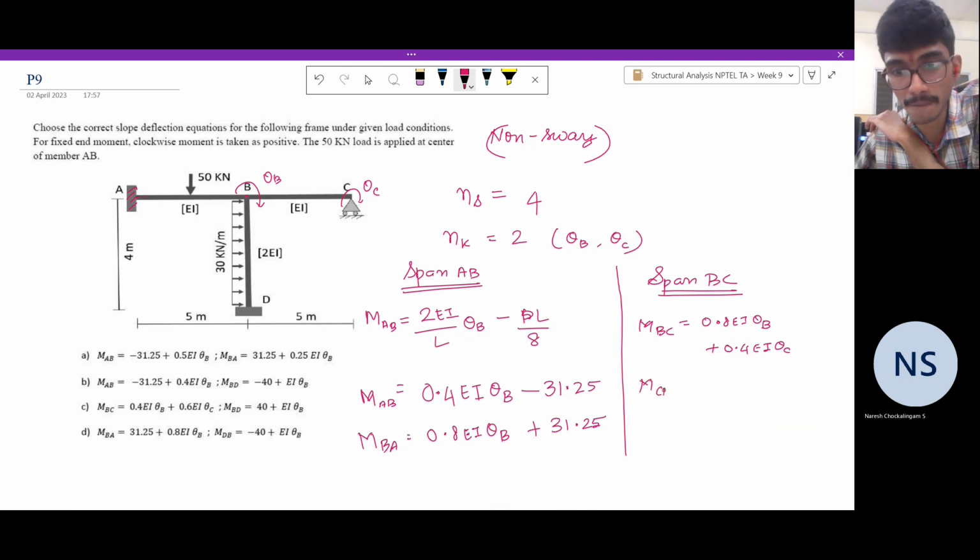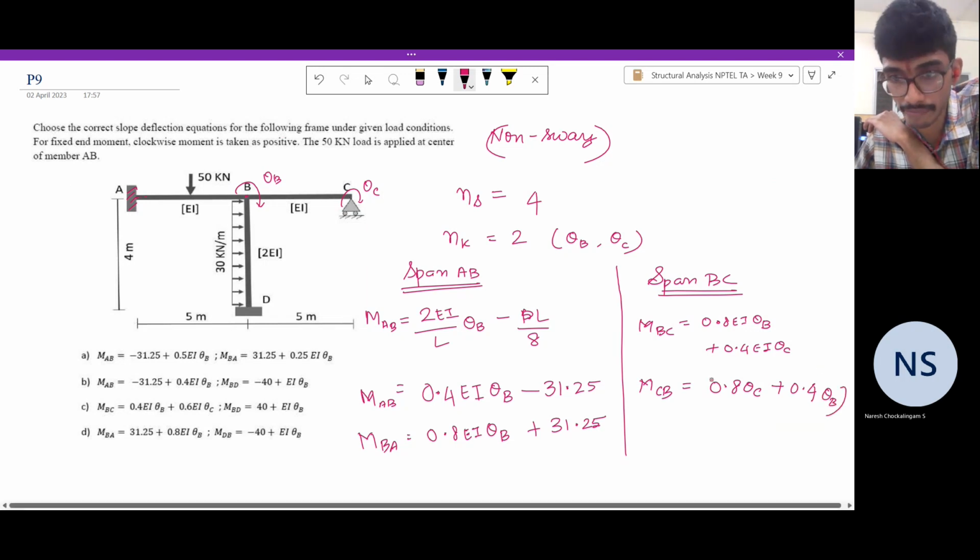And what is MCB? MCB is 0.8 theta C plus 0.4 theta B, into EI. But note that C is a hinge joint, so MCB is equal to 0, which means theta C is minus theta B by 2.